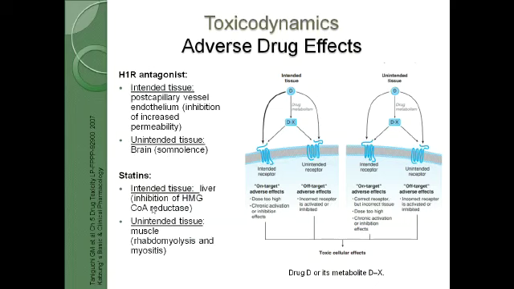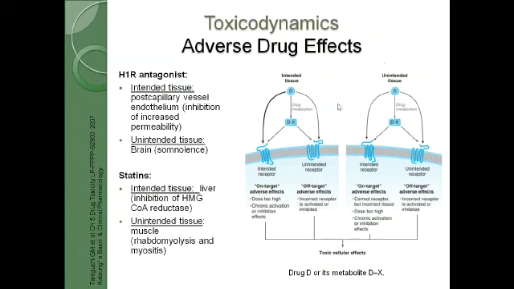Statin example. The intended tissue is liver. It's an anti-cholesterol agent used in dyslipidemias. We inhibit HMG-CoA reductase, which is important for cholesterol synthesis. The intended tissue is liver and it inhibits cholesterol synthesis. But in the unintended tissue, like muscle, statins cause rhabdomyolysis, muscle rupture, and myositis.